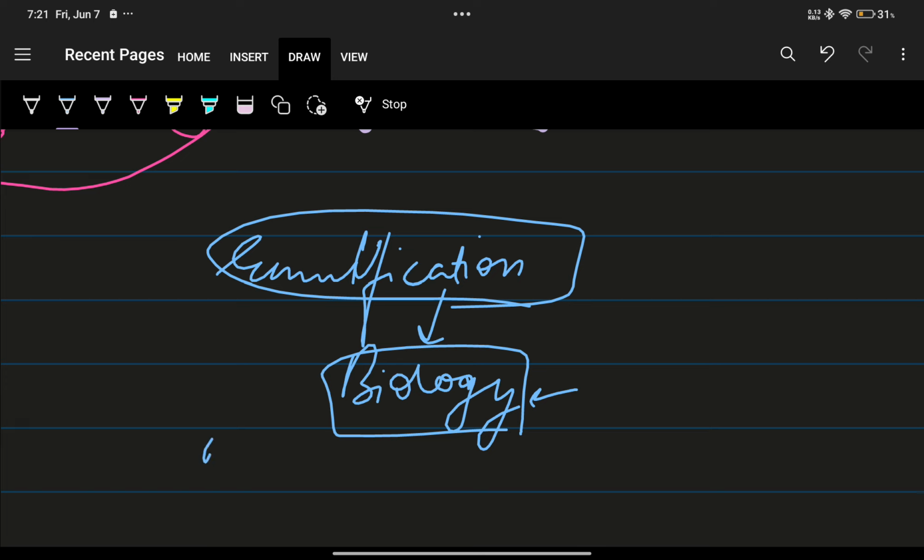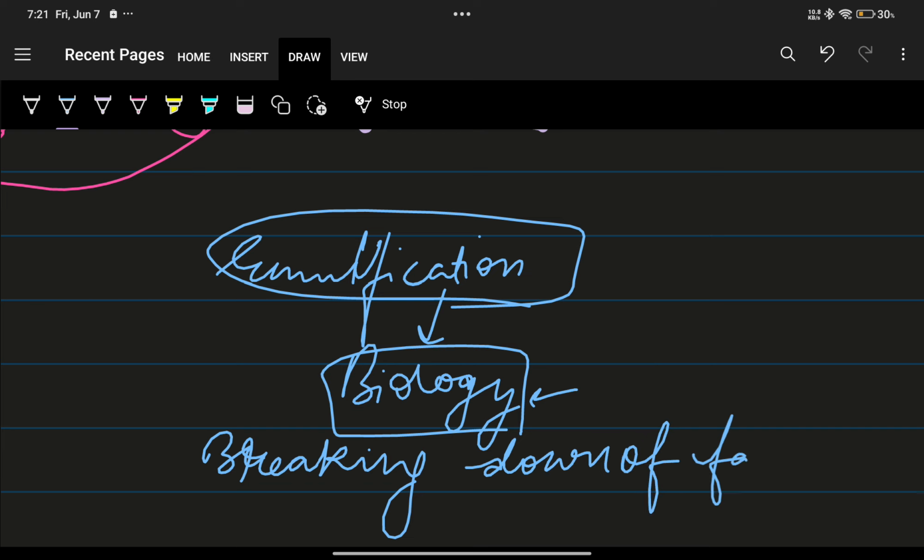That was basically breaking down of fat globules. Basically there were big fat globules, they need to be broken down into small ones so that the further digestion process can take place. That's why we had that process called emulsification. In this emulsification we had the conversion of fat globules into small fat molecules.